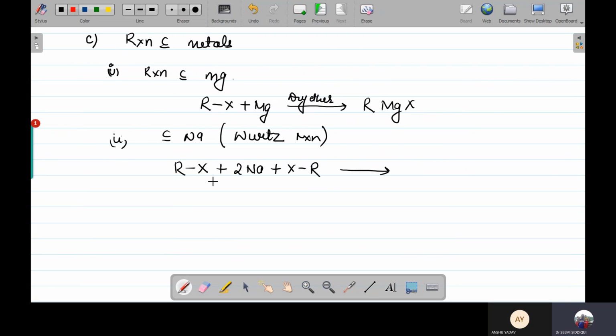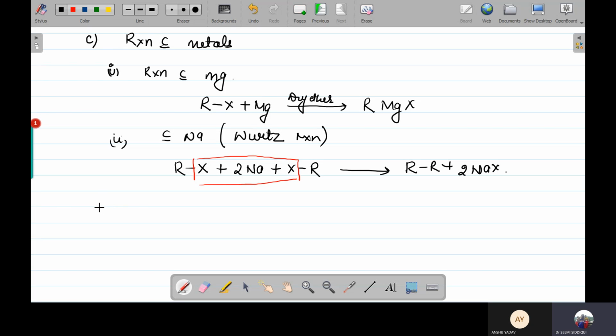So what happens in this case? These halides are going to attach with the sodium metal. What happens over here? You get an alkane plus 2 molecules of sodium halide.